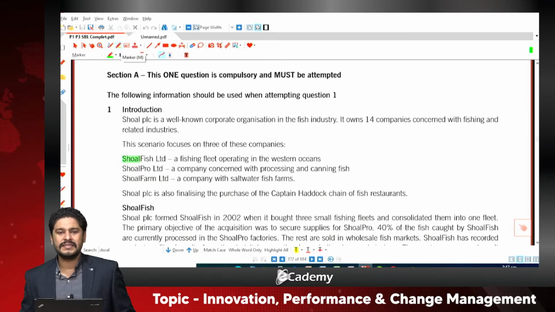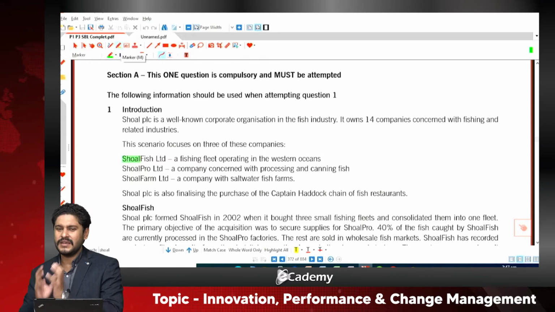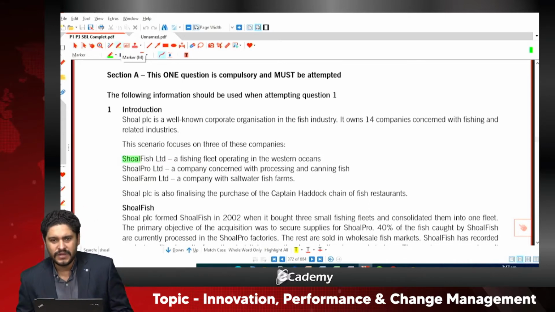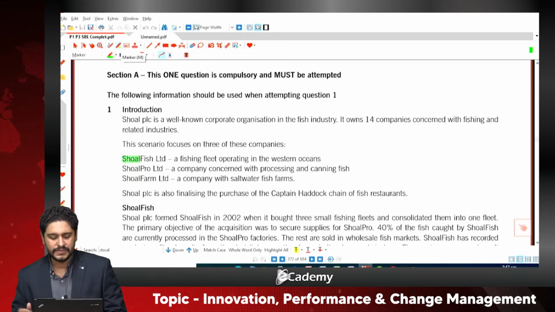When I say that I'm going to practice the SBL examination, the major amount of resources that I have is the previous version of SBL, that is P1 and P3, and one of the most important resources that we'll be going through at the end of the syllabus will be the SBL past papers.